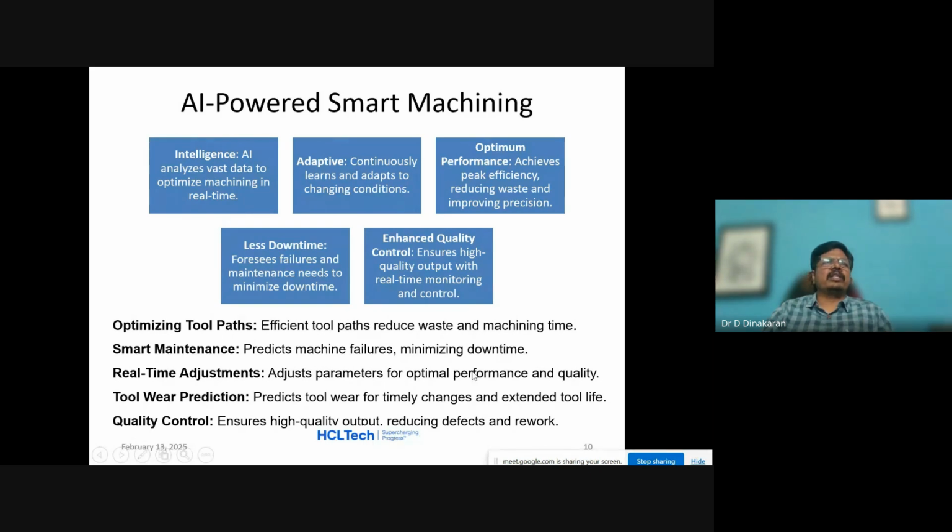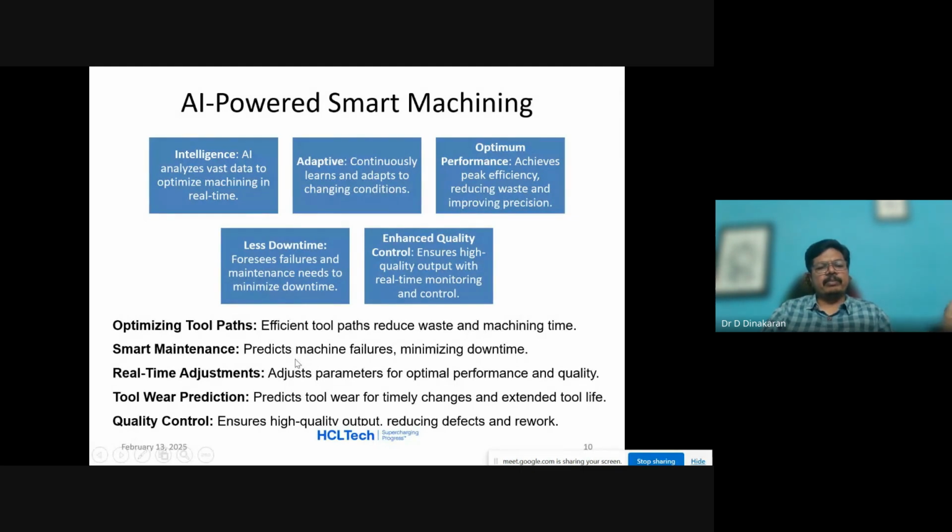If I am processing aluminum, there are some parameters I should use, and if it is steel, they should be different. Is it possible for the machine to identify the component when it is touching it? That's possible. Such predictions and adjustments can be done automatically. The machine tool can adjust by itself.